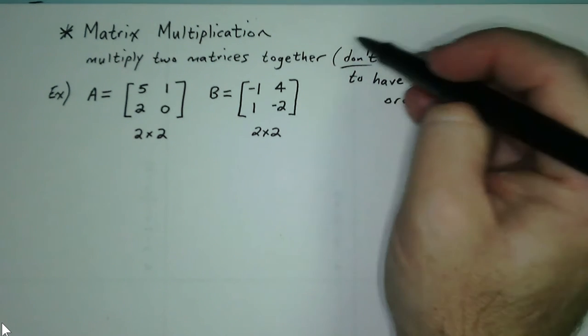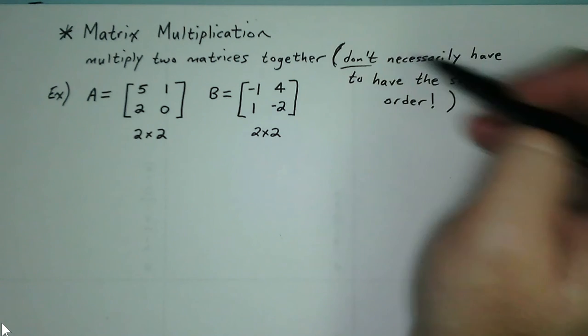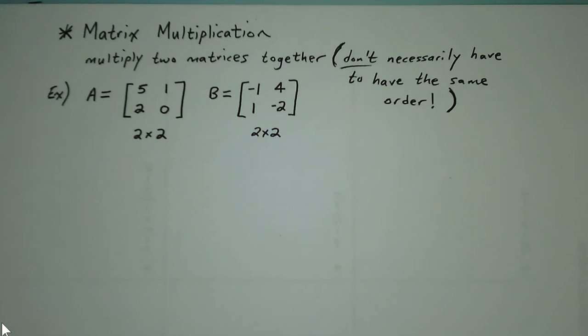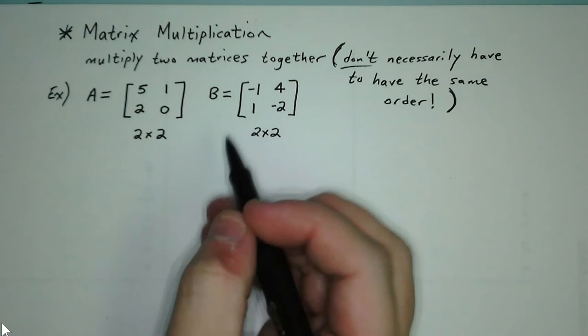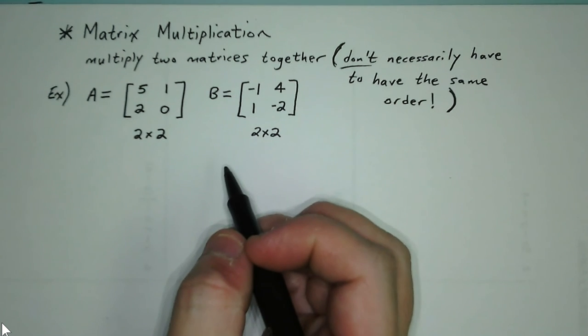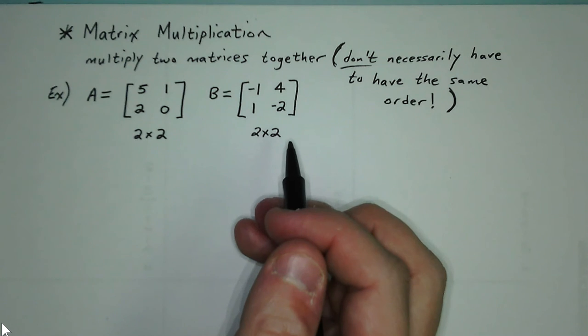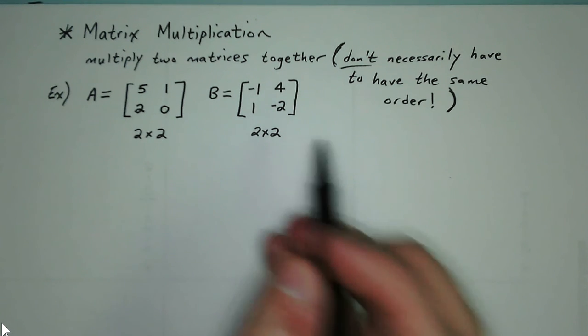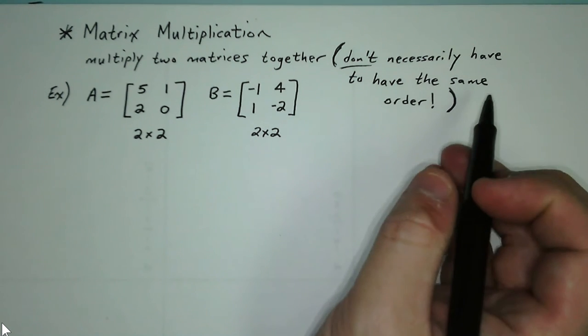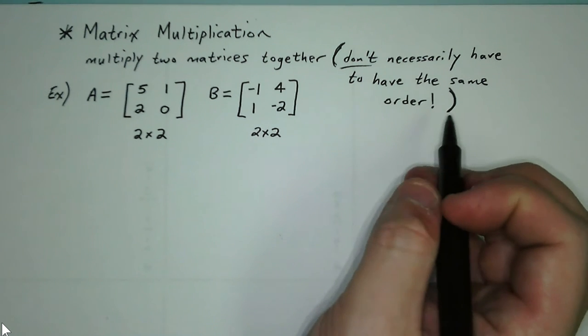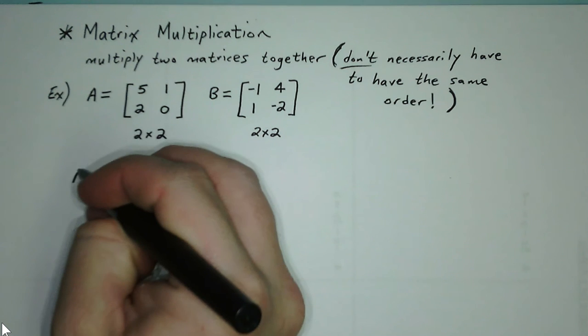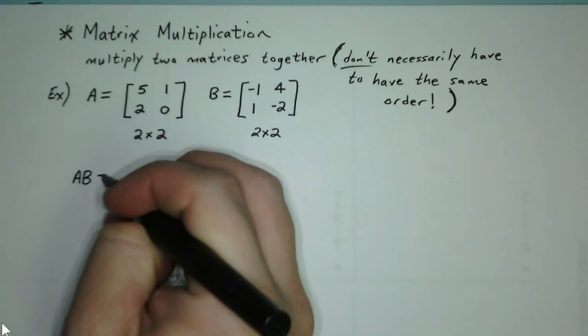Whew! I told you, this is not going to play out as you expect. But these do have the same order, and we're fine, okay? They can have the same order, and that's great, but they also don't have to have the same order necessarily. So here's how this is going to play out. Oh my gosh, I'm so excited.